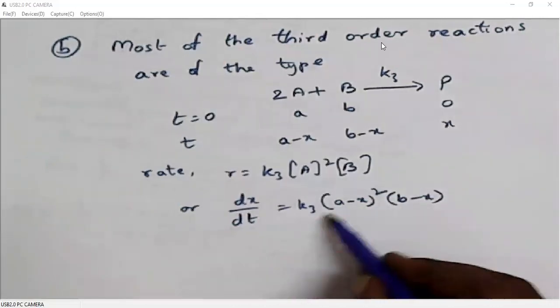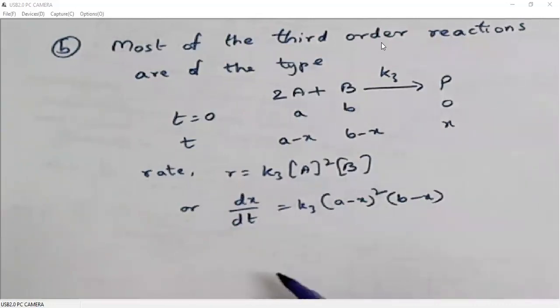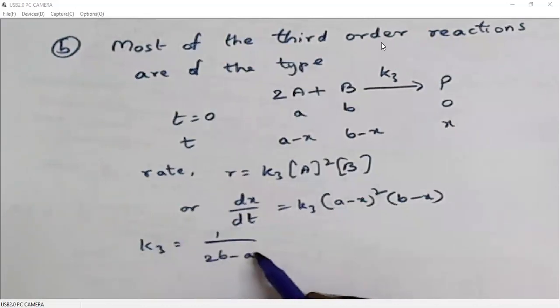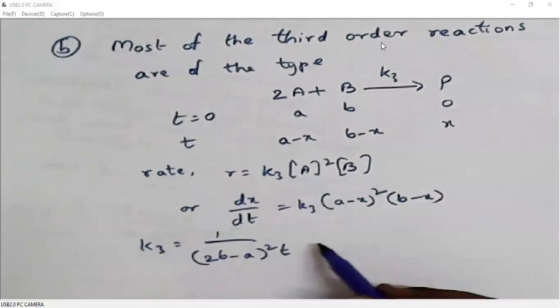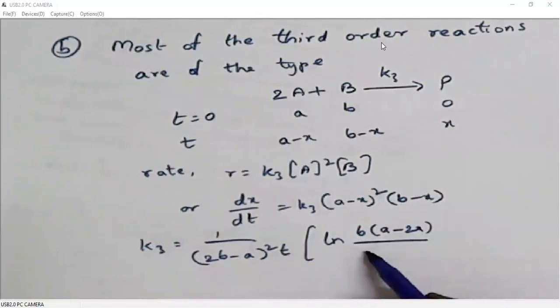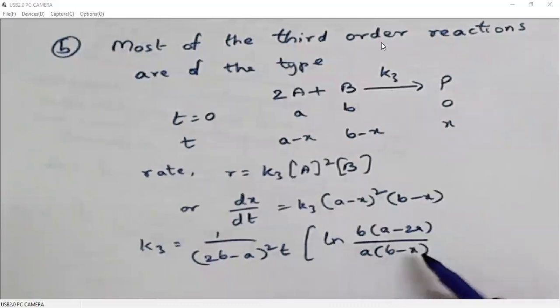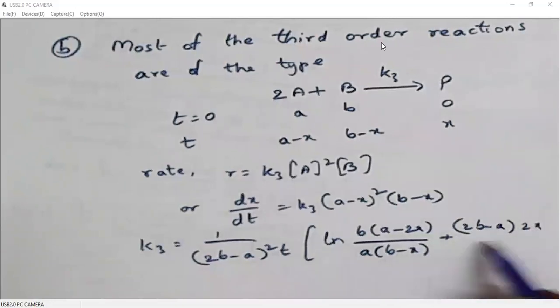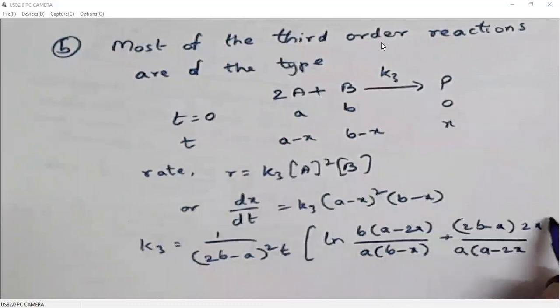Now we will integrate it and we will simplify it to get k3 is equal to 1 by 2b minus a whole square into t into ln of b into (a minus 2x) by a into (b minus x), plus 2b minus a into 2x by a into (a minus 2x). This is little difficult to derive, so I am just giving it in a simple form.